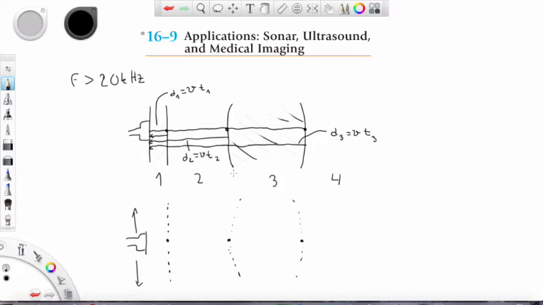Now, if you think about this in more detail, I told you that whenever there's a change in tissue, there will be a reflection. So, for example, if we have this wave propagating all the way here, and then it's reflected back, there will also be another reflection here going the other way.